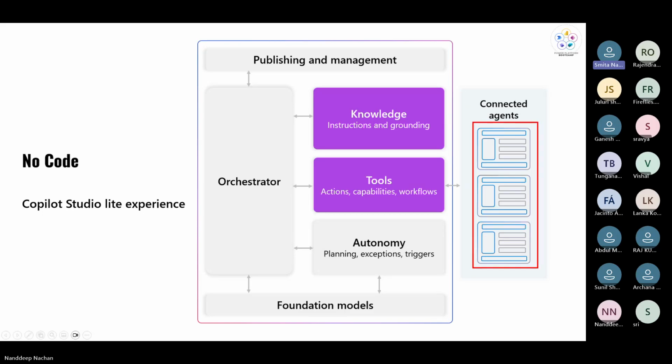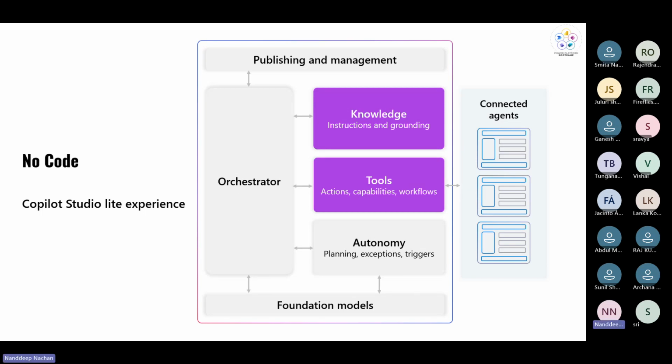But all the interactions stay within safe Microsoft managed environments. So, in summary, Copilot Studio Lite is about speed and simplicity. You configure the knowledge and actions, while Microsoft manages the models, orchestration, security, and scale for you.